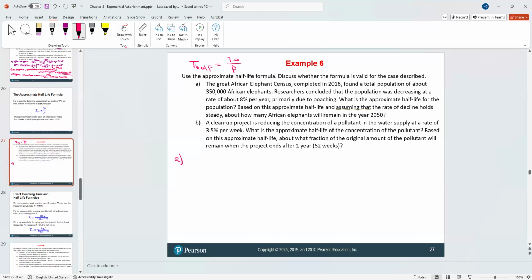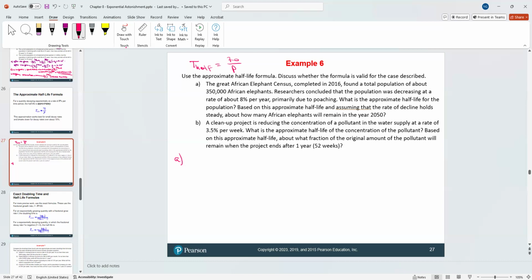The census found a total of about 350,000 elephants, and researchers conclude that the population was decreasing at a rate.